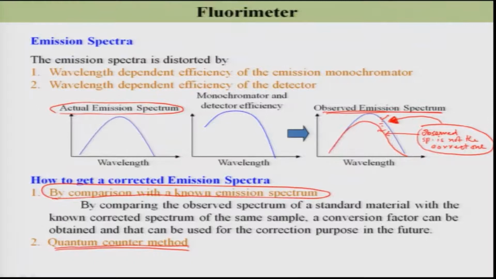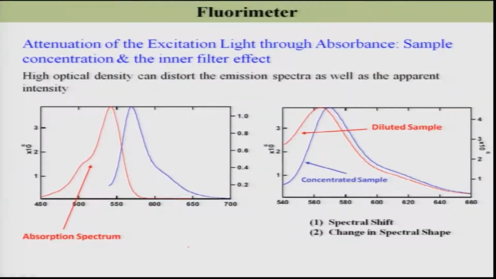As you have seen, while measuring this emission spectra, our geometry is a right angle just to avoid the scattering, right. So, here is my excitation light passing through my sample, this is my top view. The excitation light is passing through my sample and I am collecting emission from here.